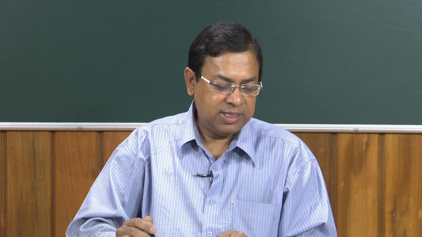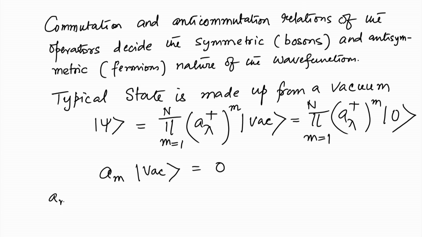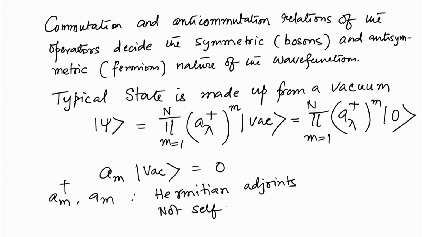Now, one important thing is that A m dagger and A m are Hermitian conjugate to each other, Hermitian adjoint to each other. They are distinct operators and they are not self adjoint.